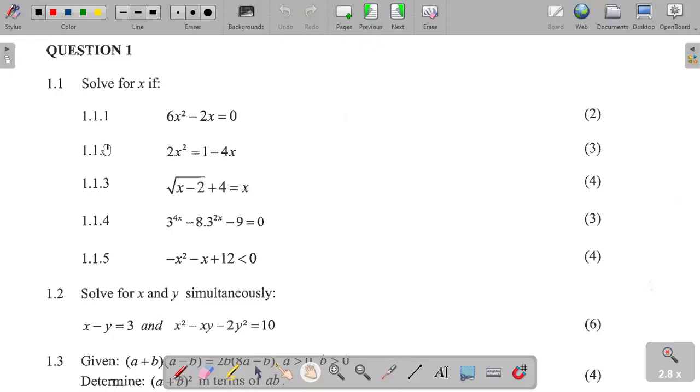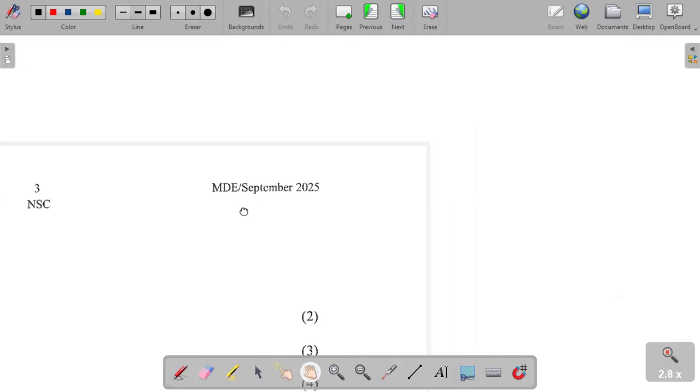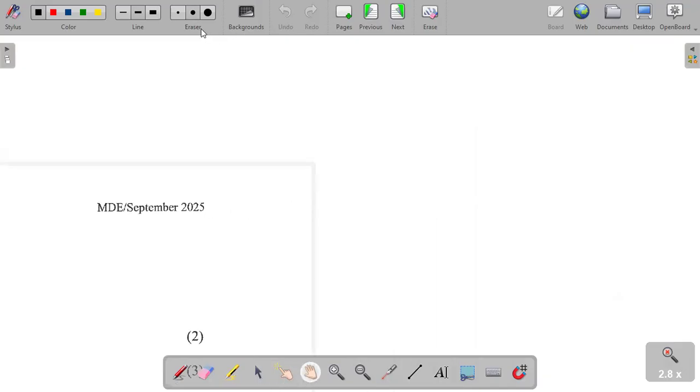Let us begin with 1.1.1. We have 6x squared minus 2x equals 0.